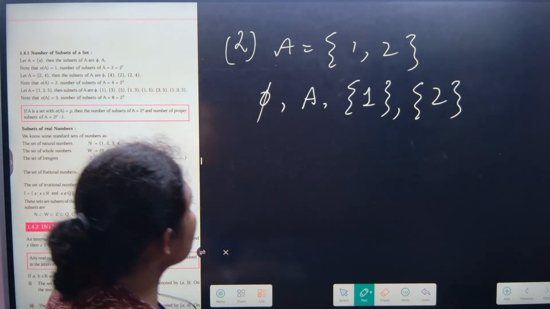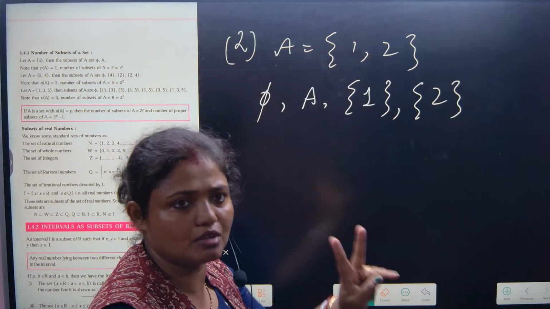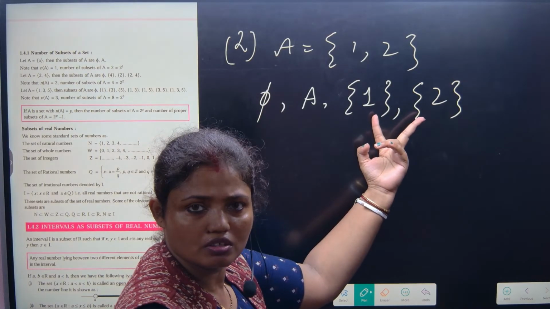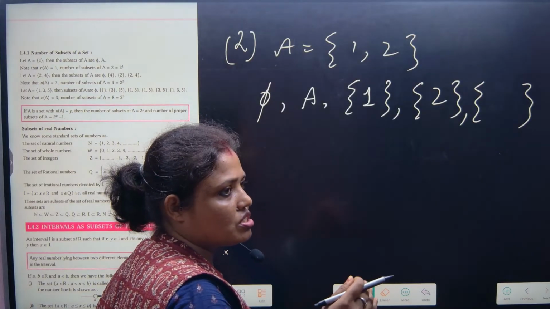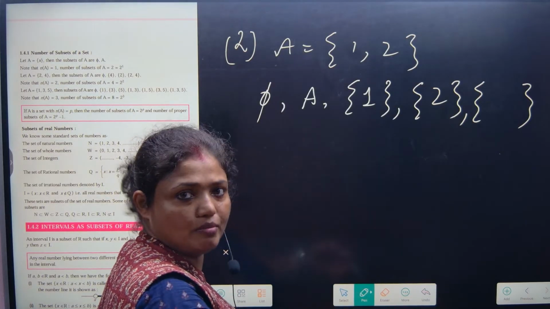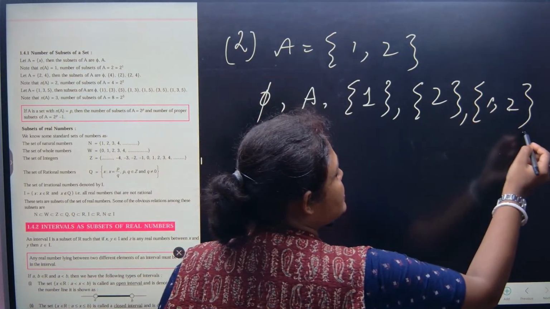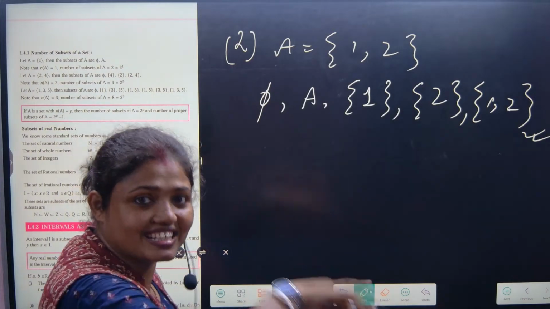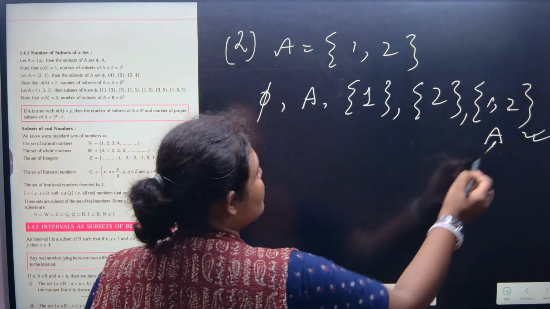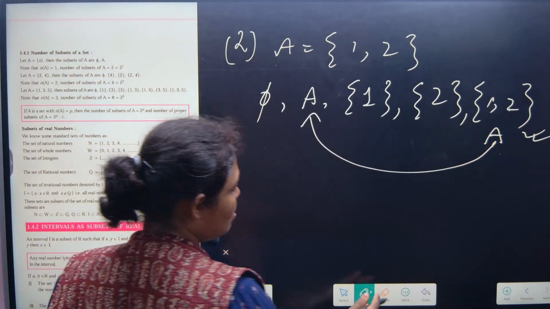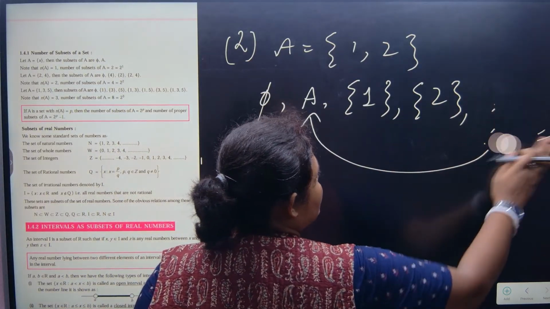So with a single element we have 2 subsets, because 1 and 2 elements are there. If we take 2 elements together, we have only the set itself, but this is A, right? We have already written A, so these 2 are the same.